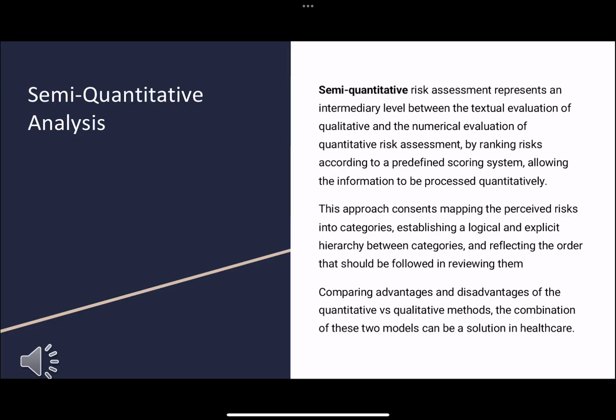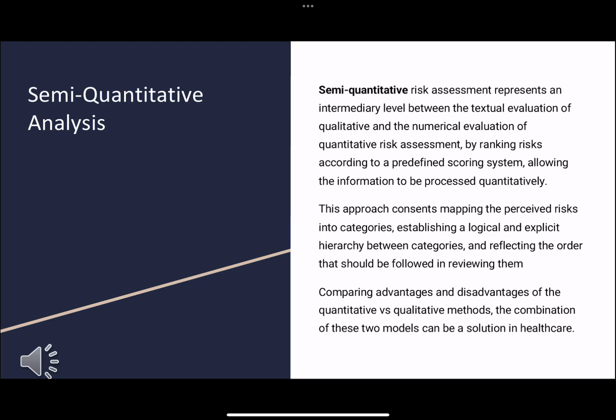And the final method is the semi-quantitative analysis. Semi-quantitative risk assessment represents an intermediary level between the textual evaluation of qualitative and the numerical evaluation of quantitative risk assessment.